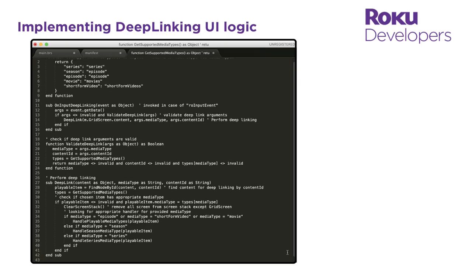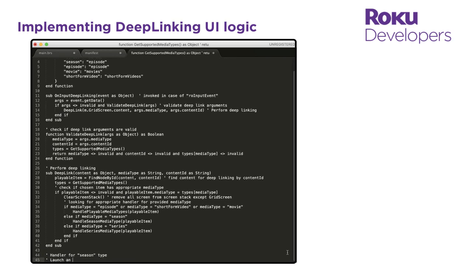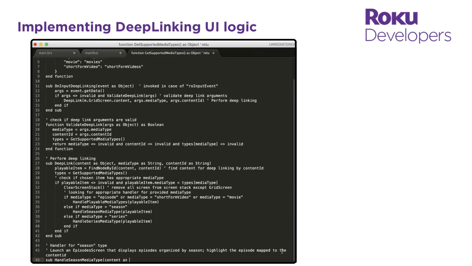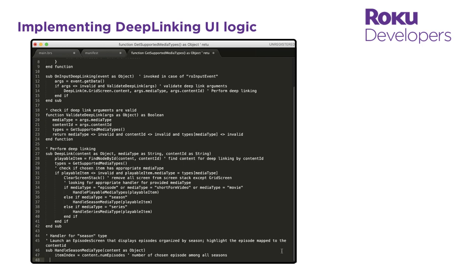Next, we'll create the 3 handle media type methods that we just called, starting with the handle season media types method. This method takes the episode content item, and then we get the num episodes field from the episode stored in an item index field. This indicates where in the series playlist the deep link content is located. And then we get the episode series by calling its getParent method and its parent season's getParent method.